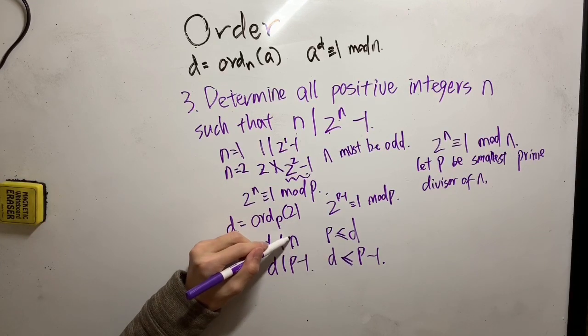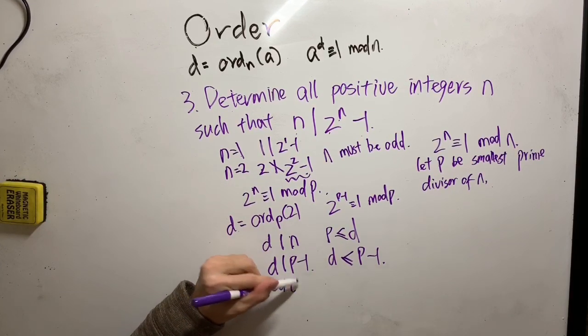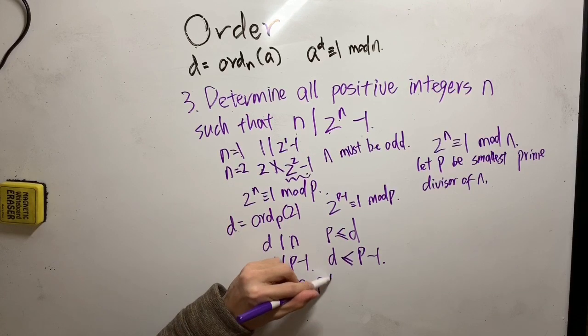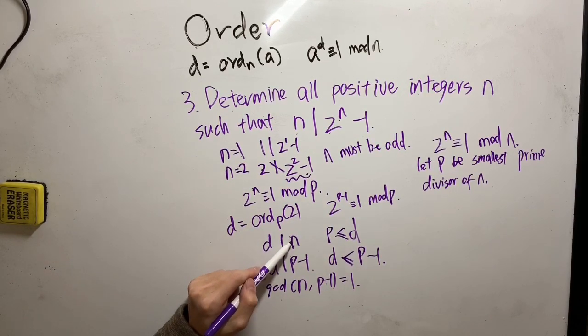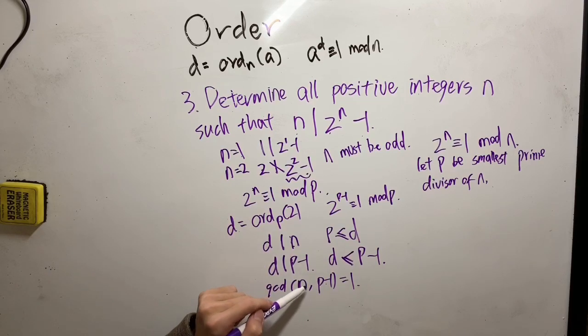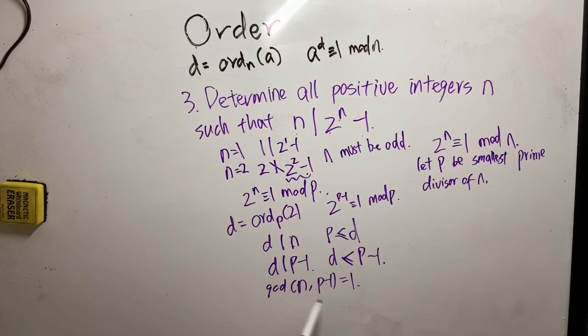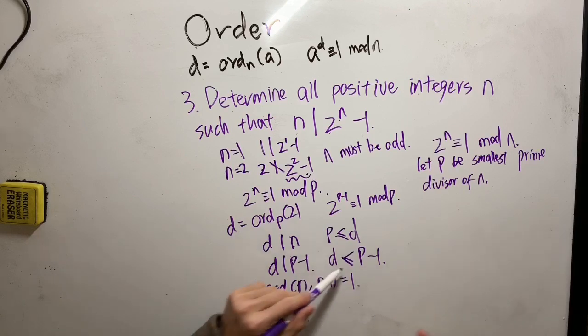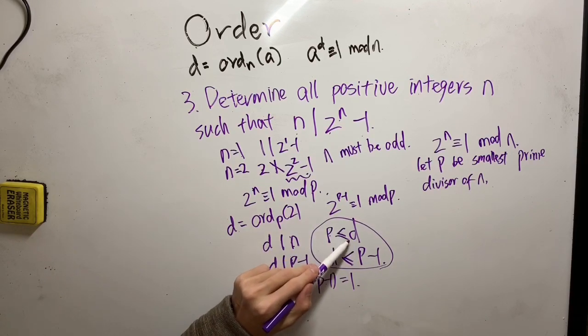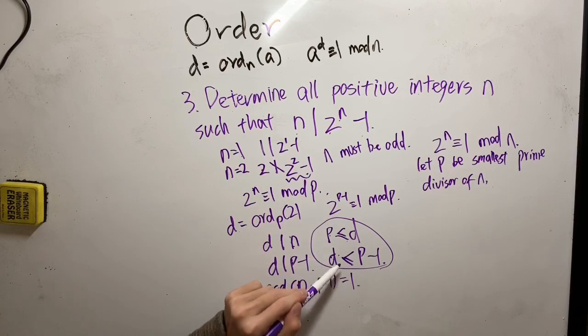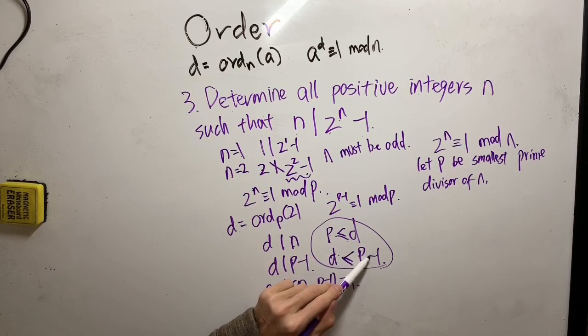Next, we have GCD of n and p minus 1 equals 1. Because p is the smallest prime divisor of n, p minus 1 must not divide n, so they are relatively prime. Therefore, we have this conclusion. And p is less than or equal to d, where d is less than or equal to p minus 1.